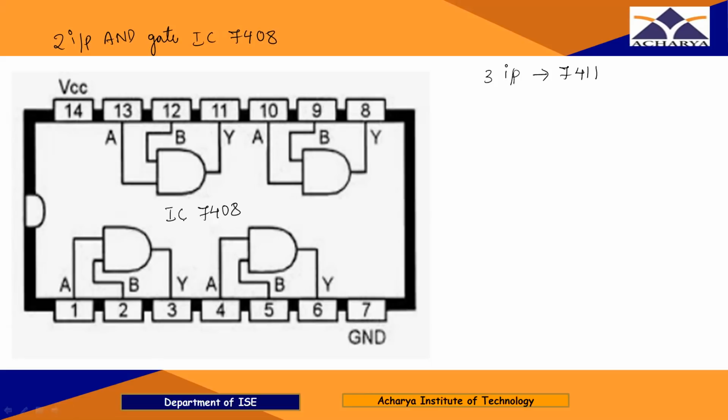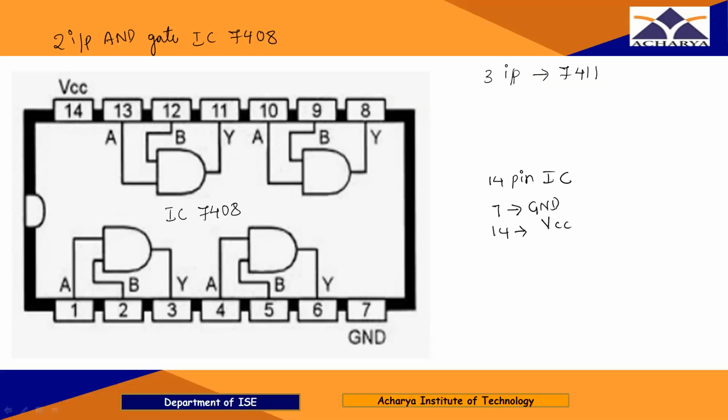IC means integrated circuit. Okay, it is a 14 pin IC, which will be having 14 pins. In that, pin number 7 is always ground and pin number 14 will be used for VCC connection, right?